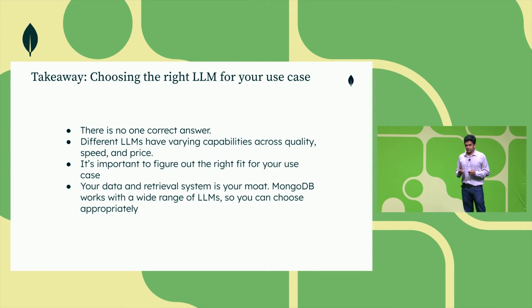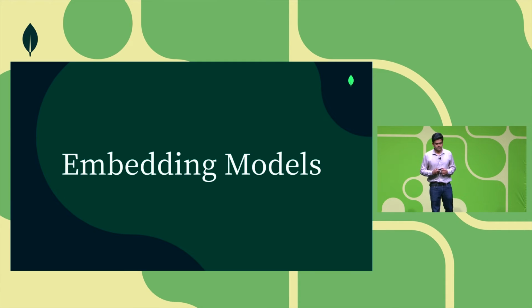We provide a bunch of these tools to put together evaluation across these models for your use case. And a very big piece is that your data and your retrieval system is your moat. That is the gold of this current world. And MongoDB's application stack approach is that we work with a wide range of these LLMs, so you can choose a proprietary one for your use case, and swap in, swap out as needed.